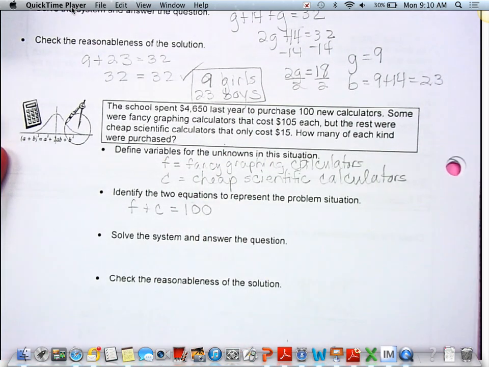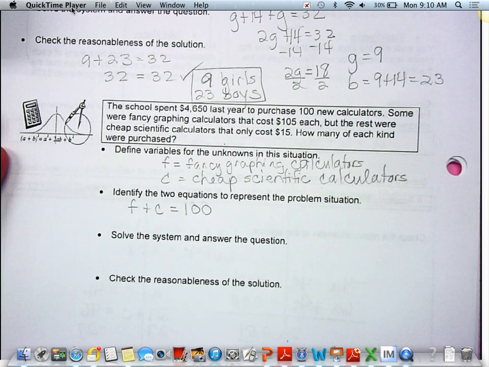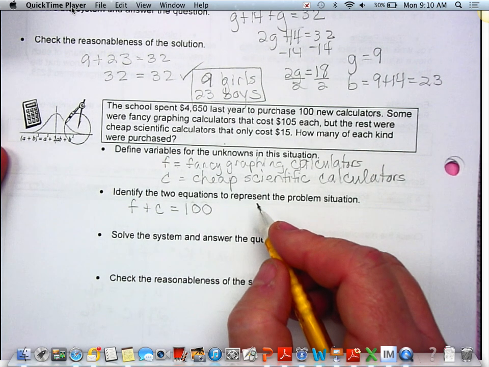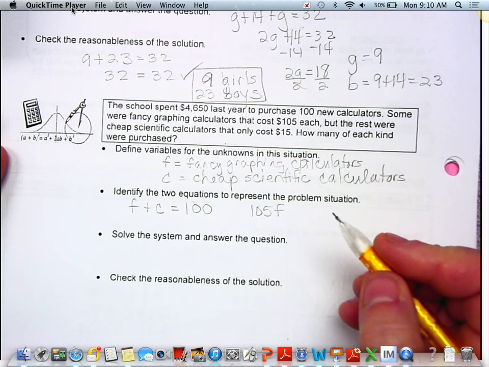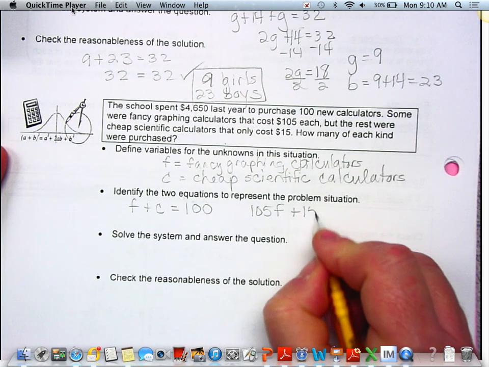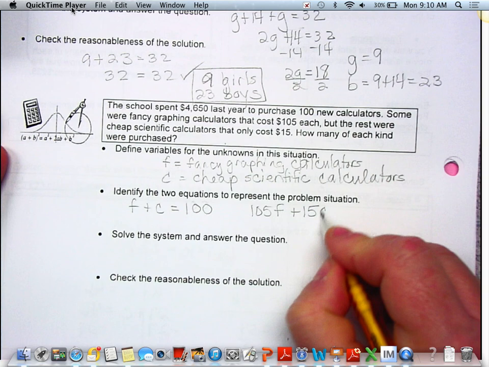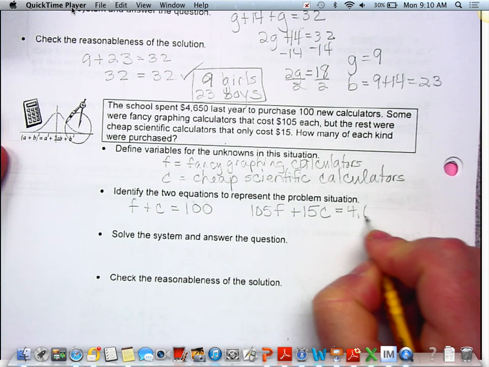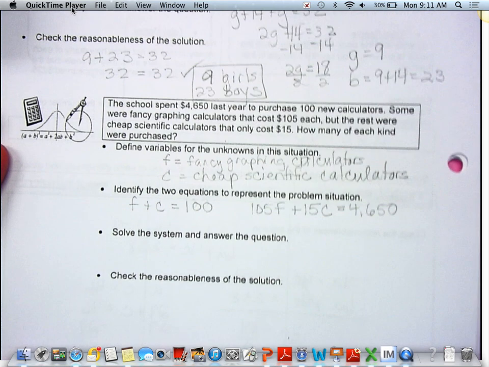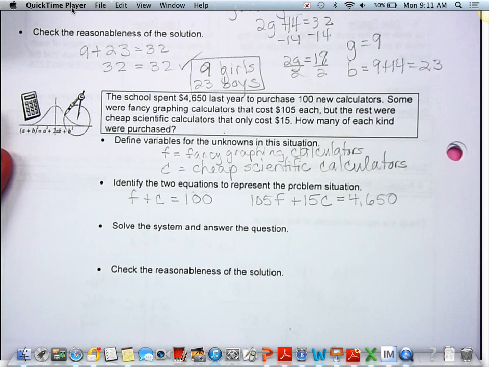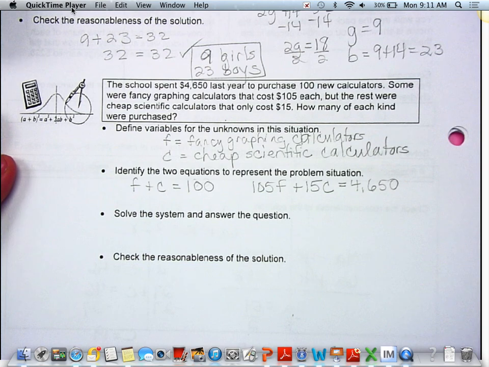Okay, and the other equation does have 4650 in it: F times 105, plus C times 15, or 105F plus 15C equals 4,650. Solve that one however you would like. I'll go ahead and solve it.